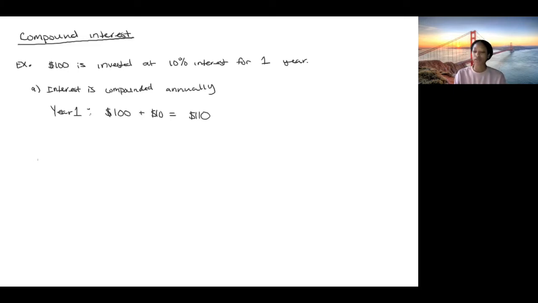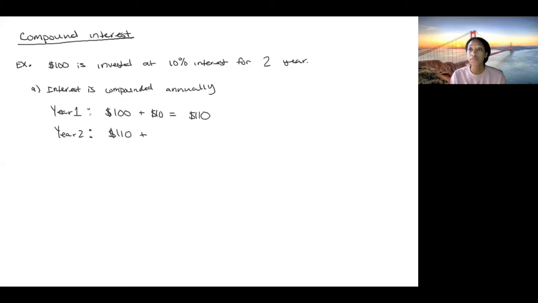I feel like I should go on for another year. Ooh, okay. I'm going to change this. Let's make it 2 years. All right. Then for year 2, how much money do we go into year 2 with? We go into year 2 with $110 in our account. And then at the end of year 2, we earn 10% interest, not just on the $100 that we invested, but also on the 10% interest that we earned from the previous year.